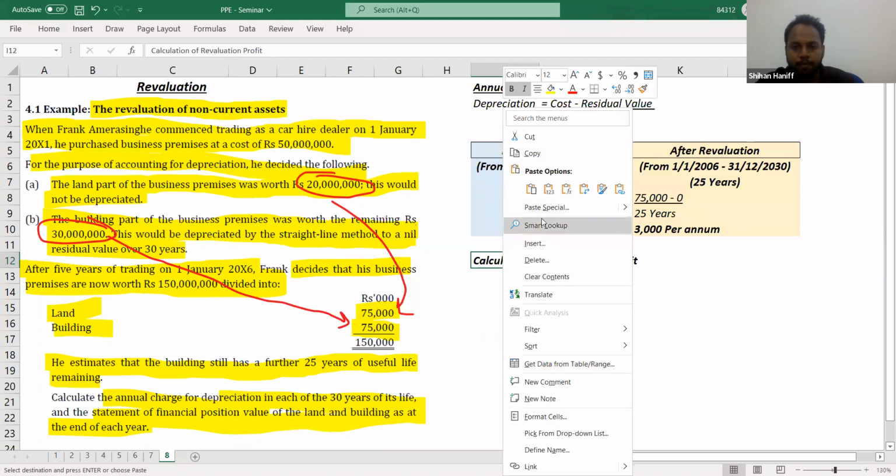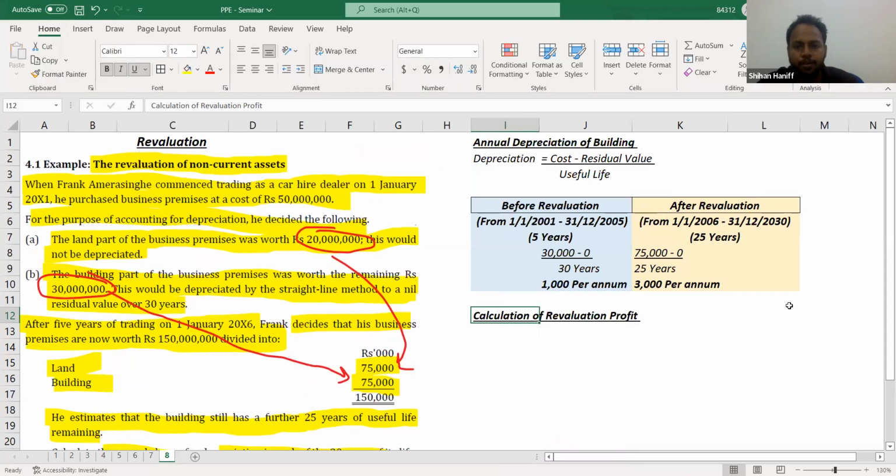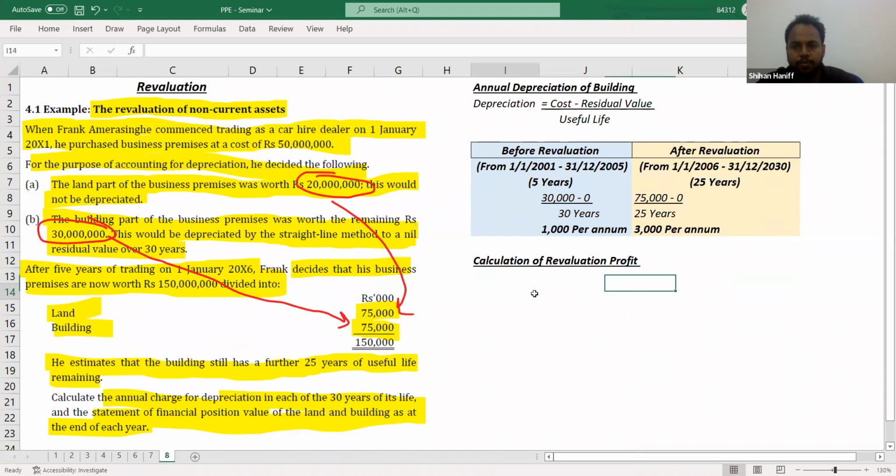So actually there is a profit. Can you all find out how much the revaluation profit is as at 1st of January 2006?